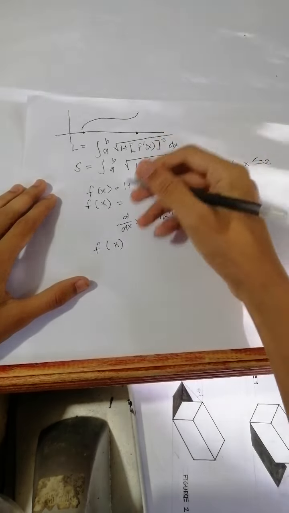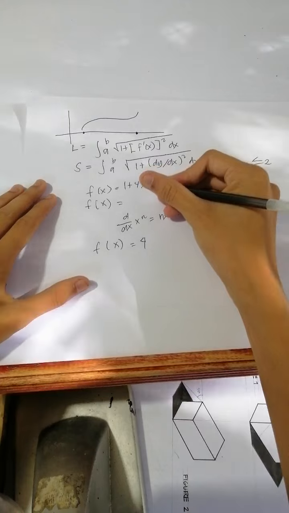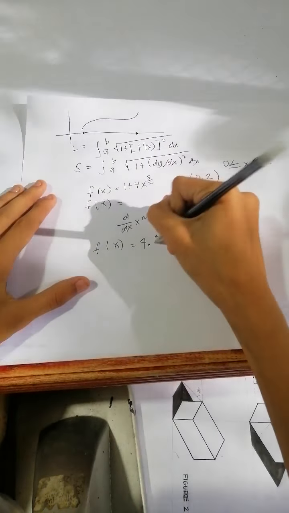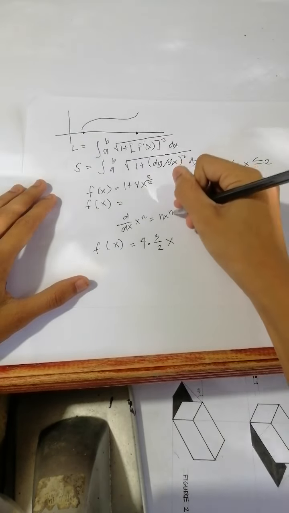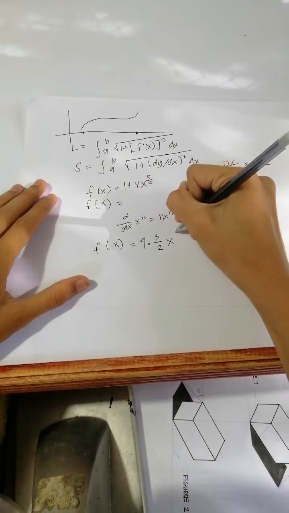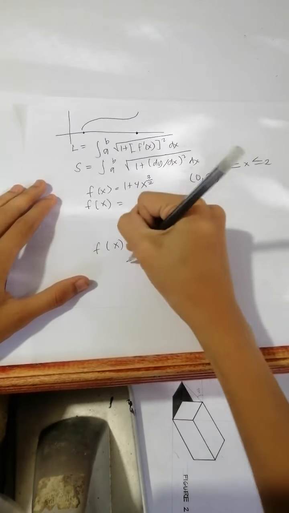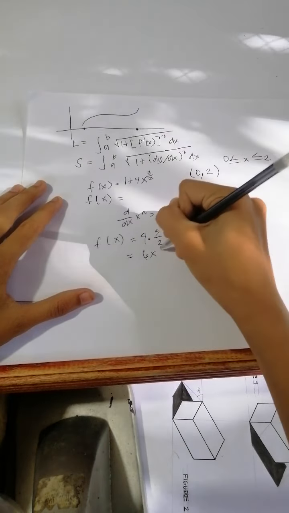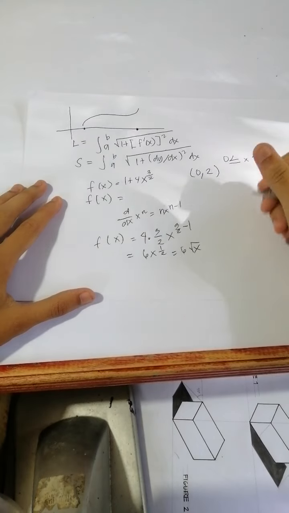Copy the 4, which is the whole number, and then bring down the exponent, 3 over 2, and then copy the variable and the exponent, 3 halves minus 1. So you will have 6x raised to the power of 1 half, which equals 6 square root of x.